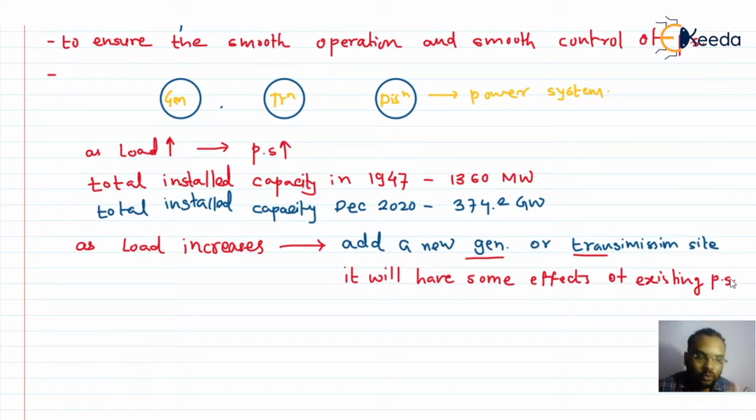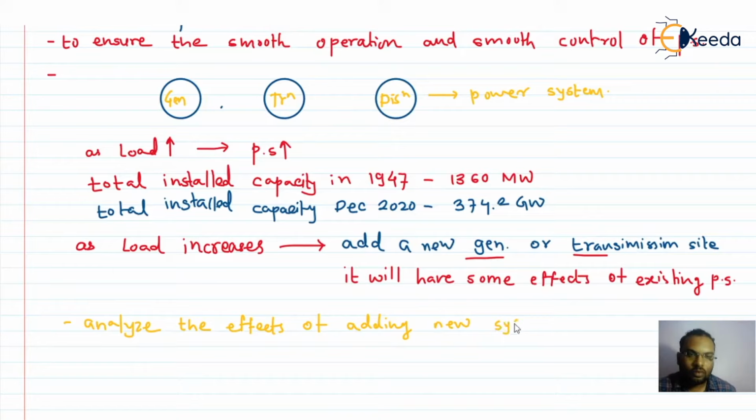If I know those four parameters, then it is easy for me to analyze the effects of adding a new system to the existing power system.